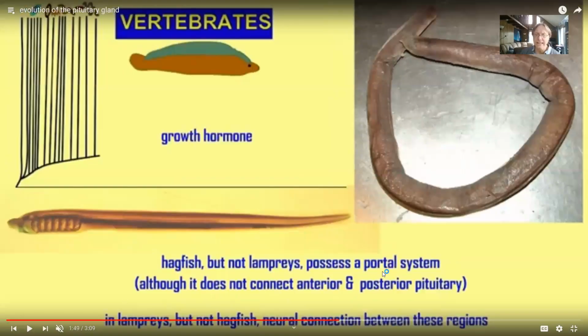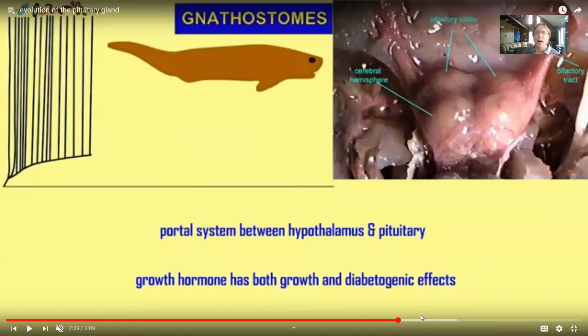The portal system in the vicinity of the pituitary gland goes back to primitive vertebrates, and now by the jawed vertebrates, it connects the hypothalamus to the pituitary gland.